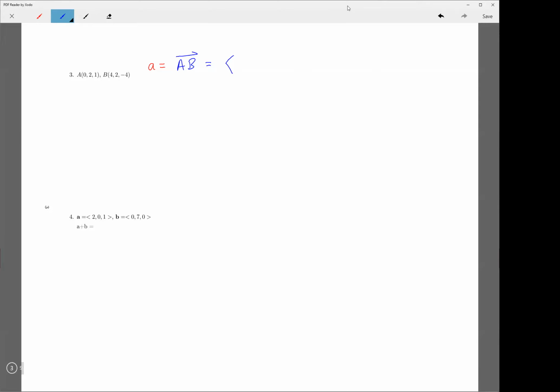So you want to take the B point and subtract the A from it. Okay.